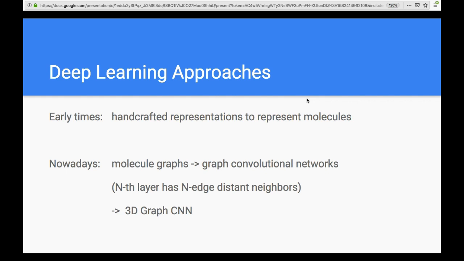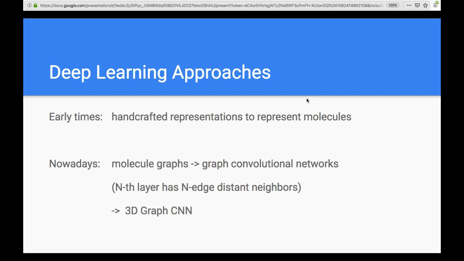So in early times, people actually handcrafted a lot of different ways to represent those molecules. One molecule contains many different kinds of atoms, right? So people used their own way to represent that, but that's very time consuming and requires a lot of domain expertise. It's not really scalable. But nowadays, people like to see those molecules as a graph.